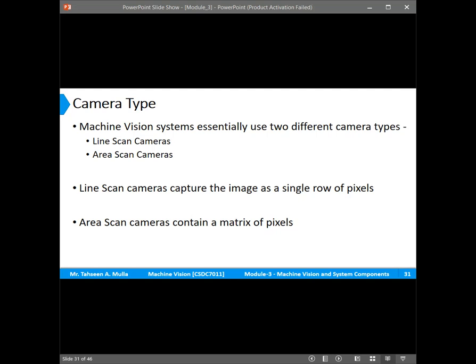But there was some challenge because you need synchronization, and the actual value and the position where the pixel is stored to represent an image must be synced, right? So this synchronization of storing from the actual line scan cameras and then showing it as a whole image is nothing but the array of pixels, a matrix of pixels, which is called area scan cameras.